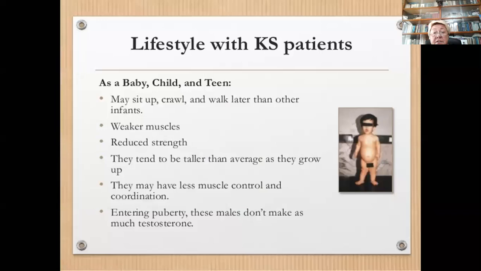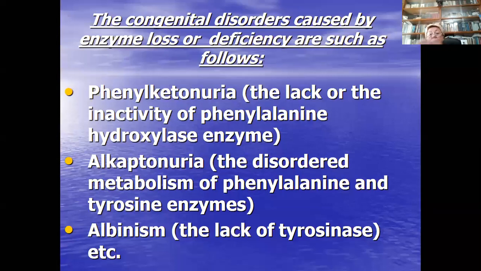A child with Klinefelter syndrome sits up, crawls, and walks later than other infants, has weaker muscles, and when entering puberty, they are infertile.